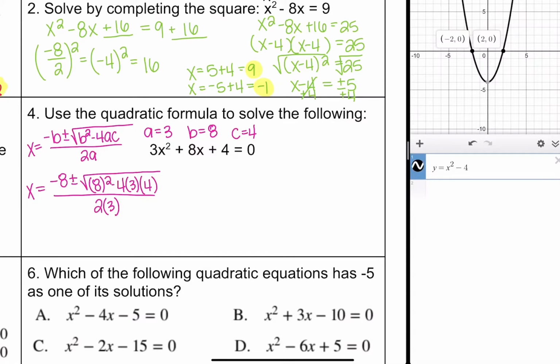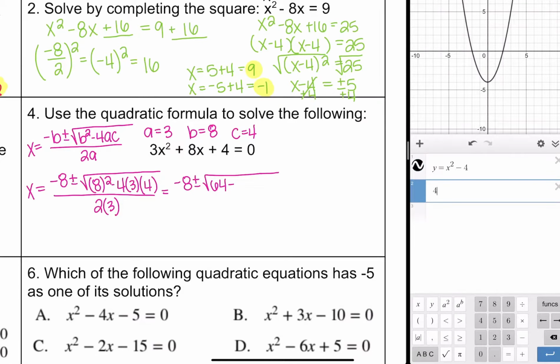And we just simplify. So that's negative 8 plus or minus the square root. 8 squared is 64 minus, now we're going to do 4 times 3 times 4. It's 48. All divided by 6.